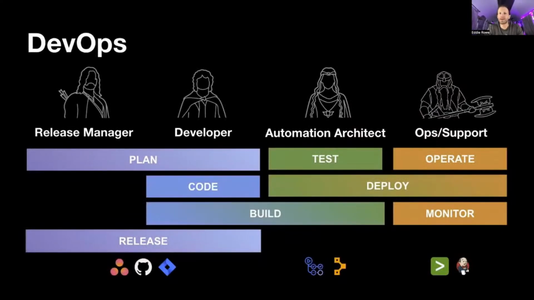Now, the DevOps model addresses many of the traditional ops model challenges by streamlining their roles and tools. This increase in collaboration also increases work efficiency and speeds up time to release. So in order to perform these duties, DevOps environments may utilize roles like release managers, developers, automation architects, and operations and support, who may use variations of the tools listed here.